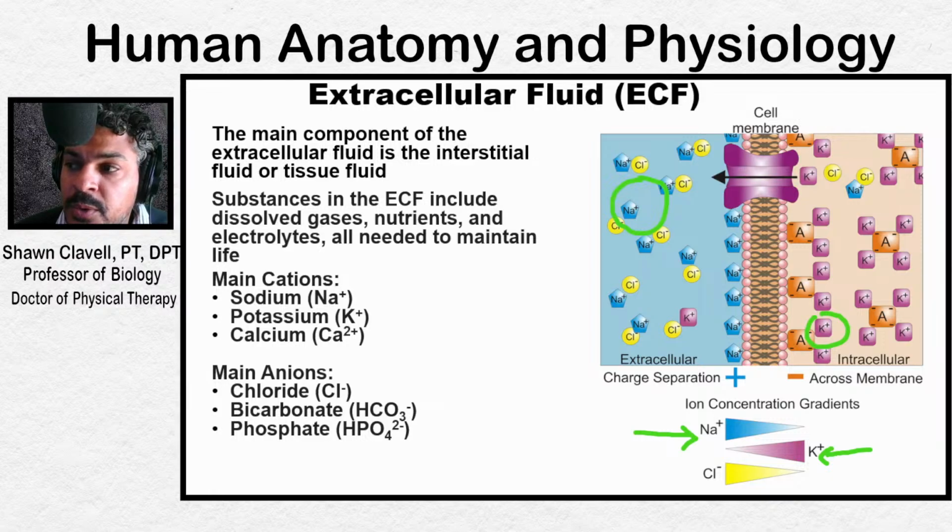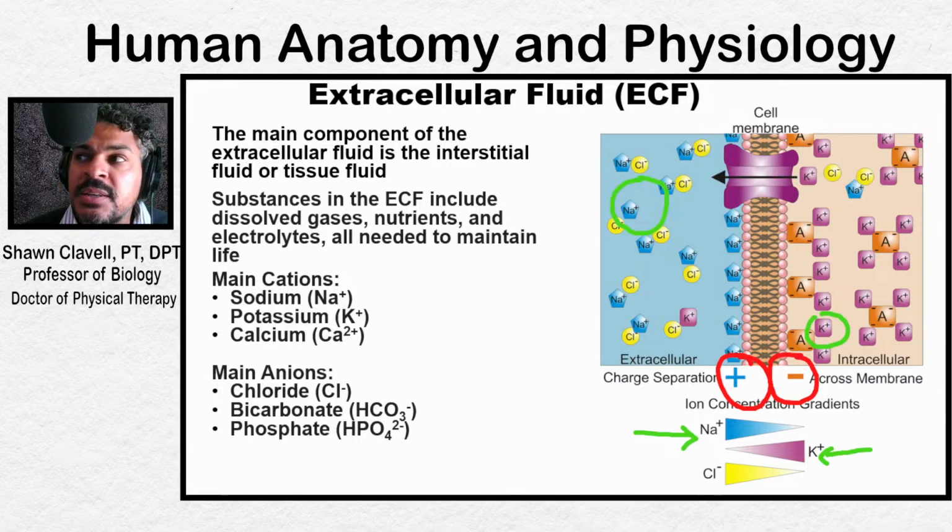So those are the big ones that I want you to know, as well as the fact that as a result of the concentration gradients inside and outside of the cell, there's a charge, right? There's a charge, and that charge is one in which, I'll make it red here, the outside of the cell, particularly right adjacent to the cell membrane, is positive. The inside of the cell is negative, right?